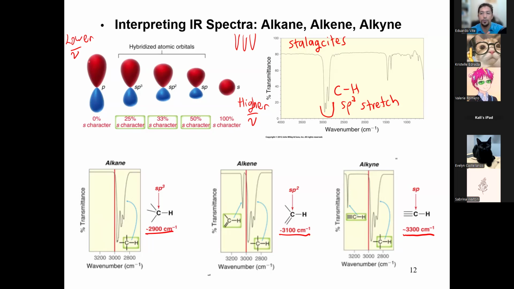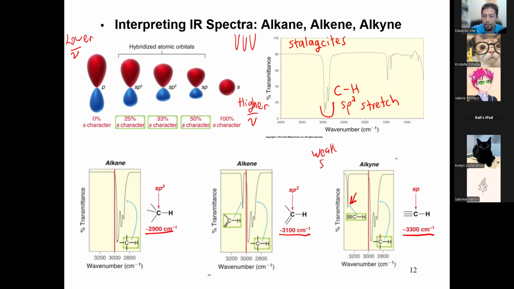So if you see a spectrum and you don't see very much going on, and you see the stalagmites, you probably have some sort of hydrocarbon. What type? Well, again, the triple bonded sp carbon has a higher wave number. So you do see a peak at around 3,300 right there. It's a weak, sharp peak.